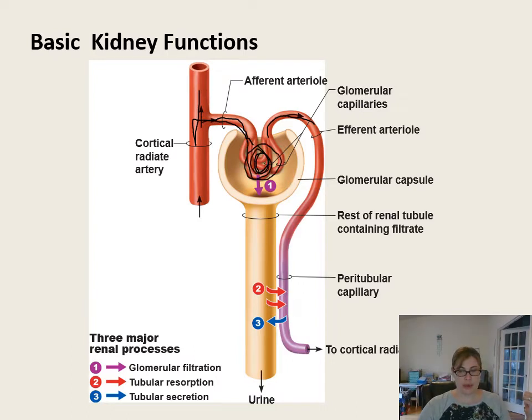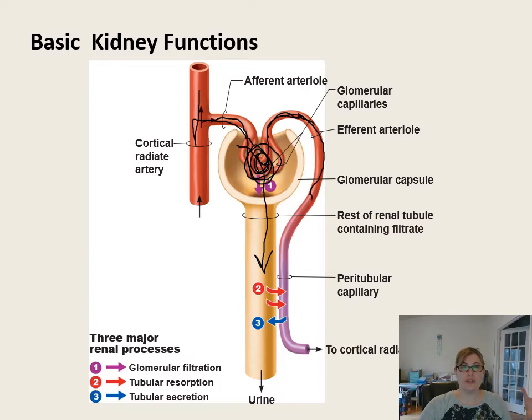and we are separating by size. Small things, things that are dissolved in water, continue this way down into the renal tubule to be fine-tuned. And then things that are larger, red blood cells, your formed elements, those are going to just continue through the efferent arteriole.